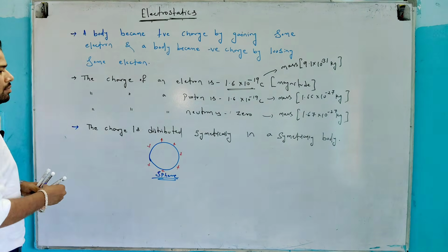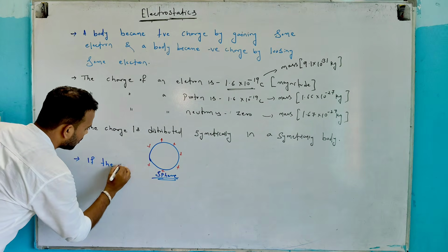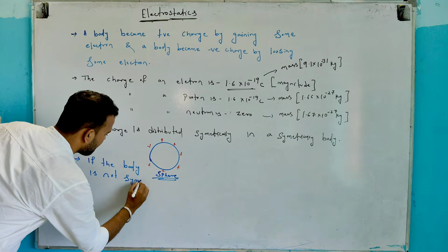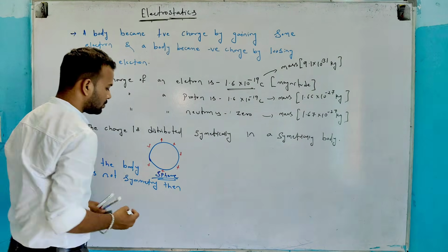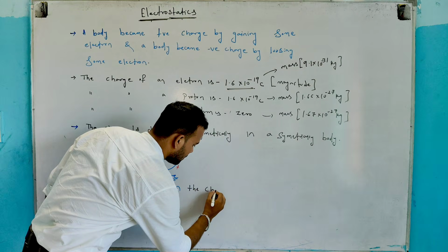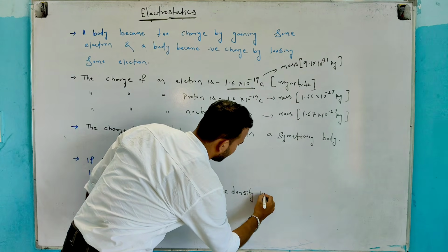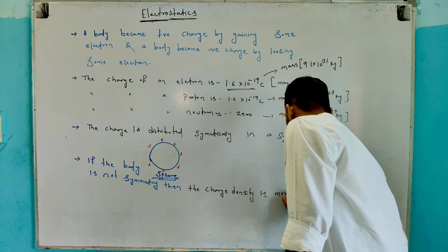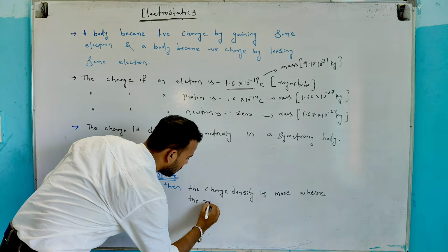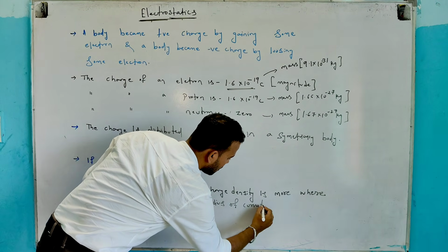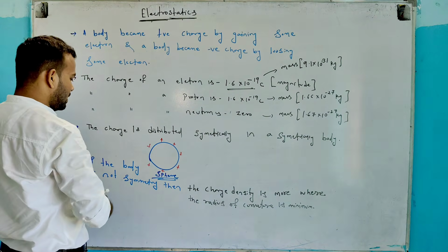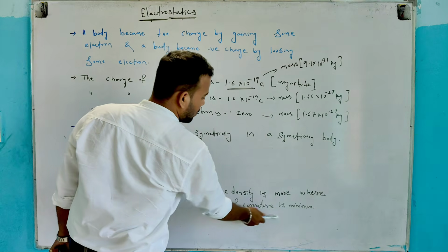But if the body is not symmetric in shape, then the charge density is higher where the radius of curvature is minimum.